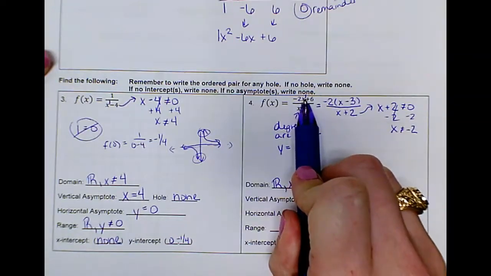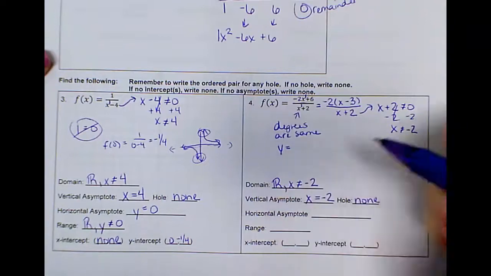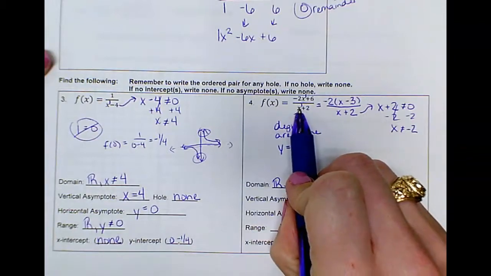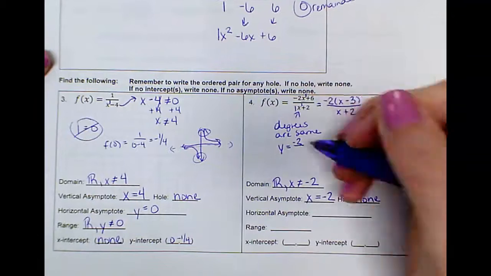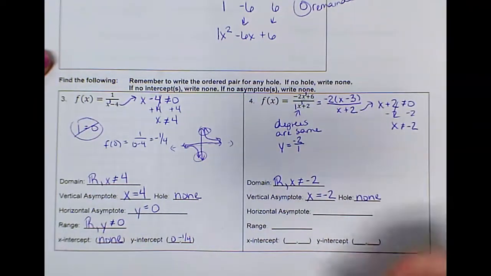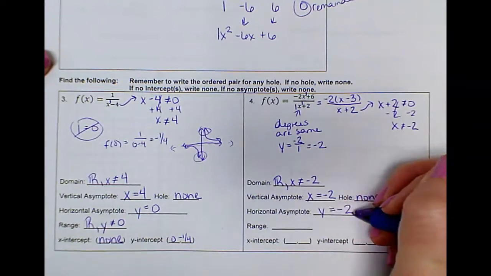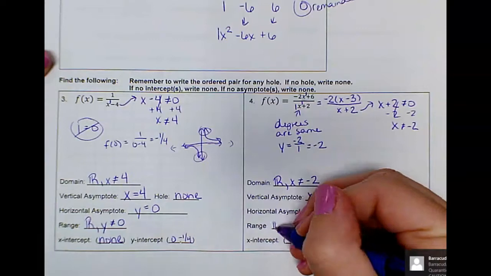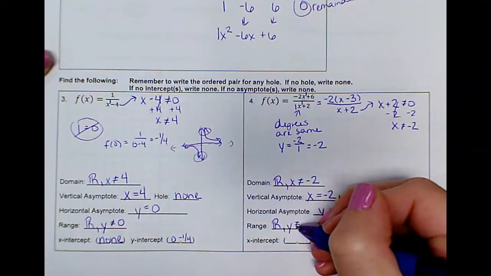So if we have x to the power of 1 here, the coefficient is negative 2, so that goes on top. Here's our biggest term with an exponent, and its coefficient is 1. So negative 2 over 1 is negative 2, and that's the horizontal asymptote. Remember, the range is all real numbers except any y value that you had a horizontal asymptote at, so y cannot be equal to negative 2.